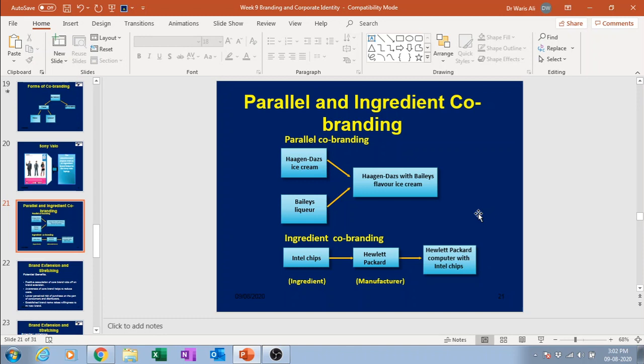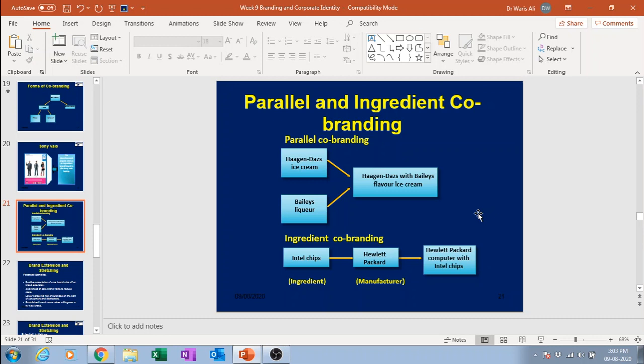So these are called ingredient co-branding. In the right bottom corner of the laptop, you will see the HP sticker, and Windows 7 and Intel stickers. So they reflect ingredient co-branding. So you can go for this option.